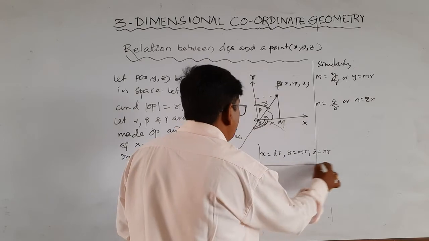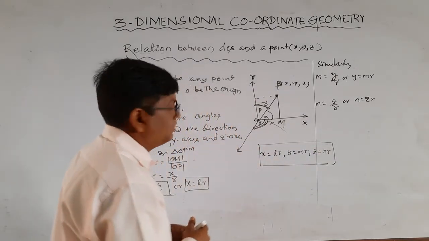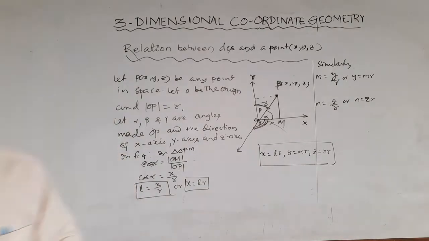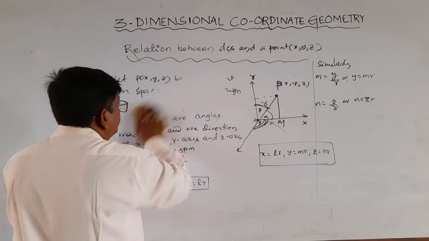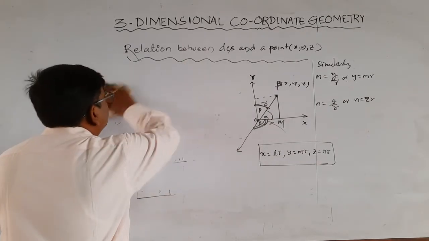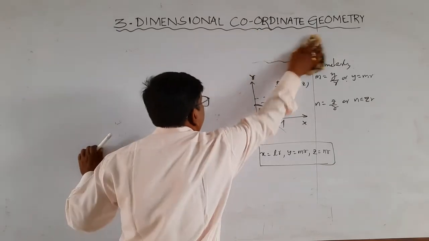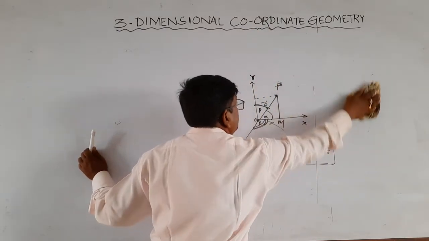This is the relation between point and DCS. Now a very important theorem or property of DCS.